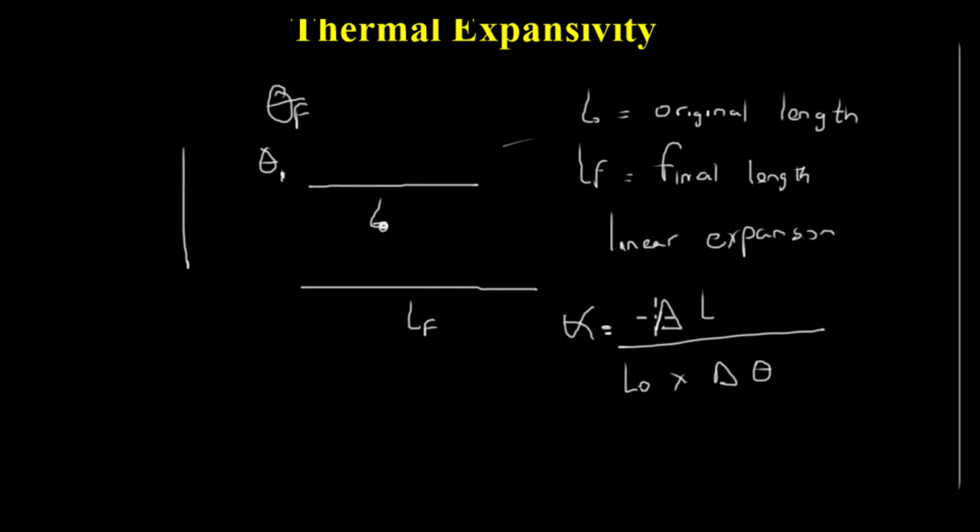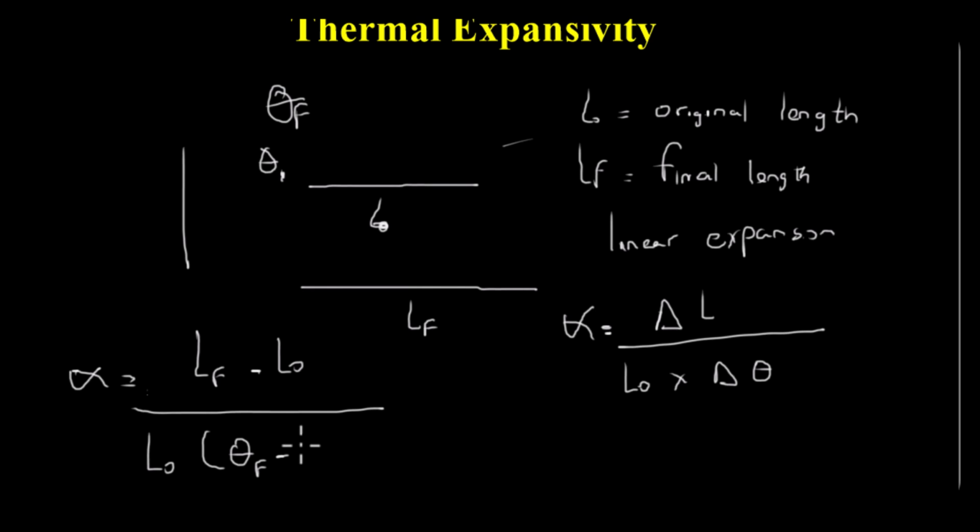What do I mean? If I want to rewrite this formula, I can say alpha is equal to change in length, which for physics must mean final length minus initial length. So I can say LF minus L naught all over L naught. Then change in theta also must mean final temperature minus initial temperature.